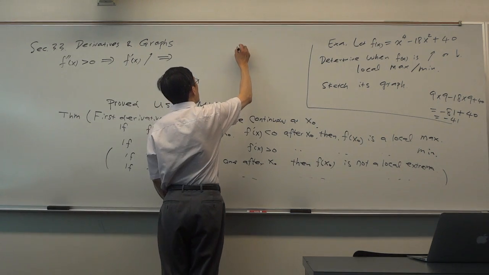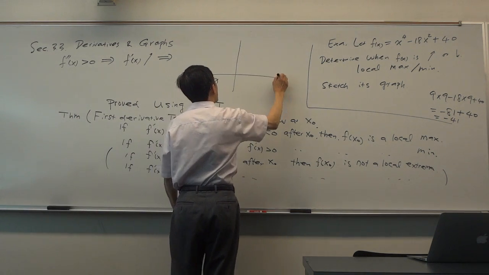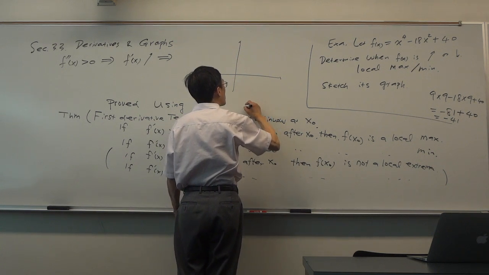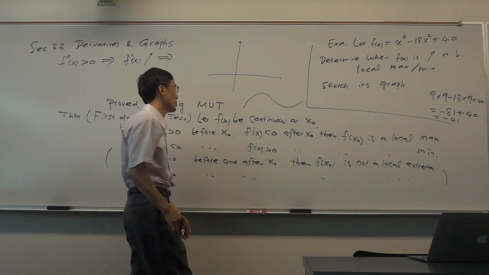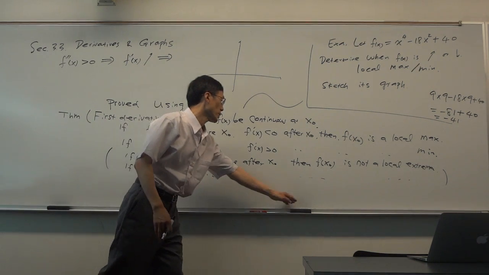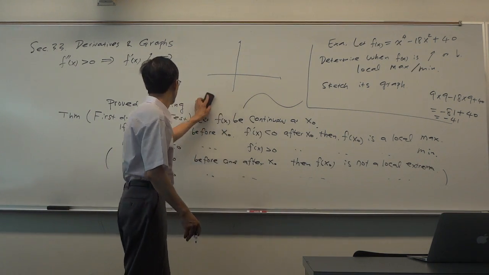If you try to understand the graph of some function, I can draw some kind of graph here, and you can see where it would satisfy this and where it would not.